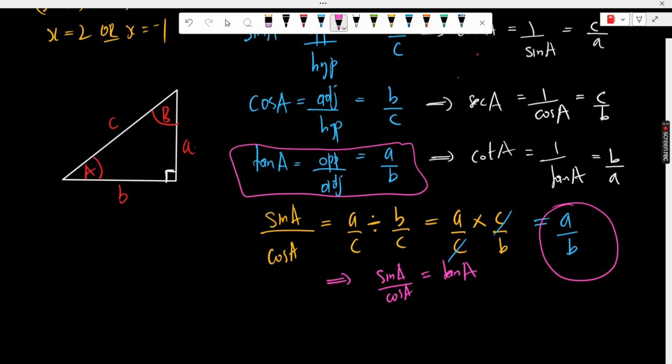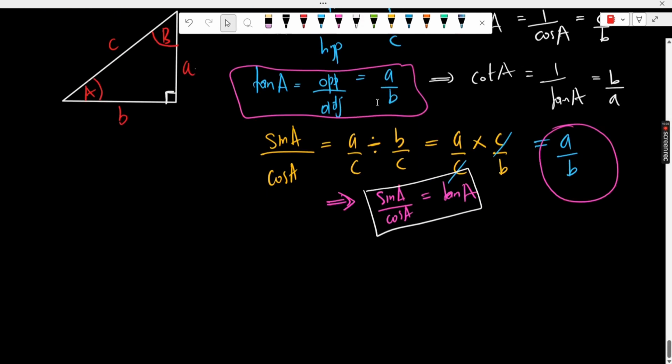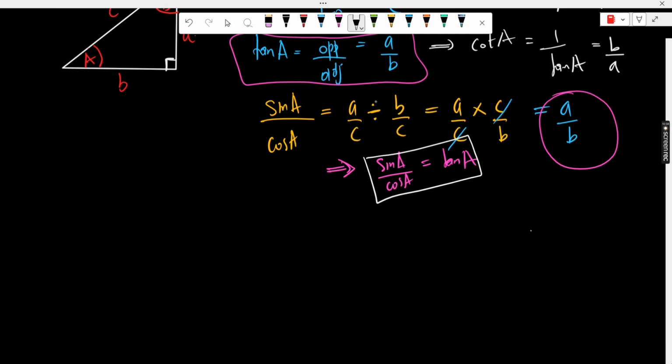For any angle where it is defined, the sine of the angle divided by the cosine of the angle is equal to the tangent of the angle. That is our first trig identity. Now, here I used an equal sign, but generally, because we're talking about an identity, we can say that sine theta divided by cos theta is equivalent to tan theta. So that's our first identity.